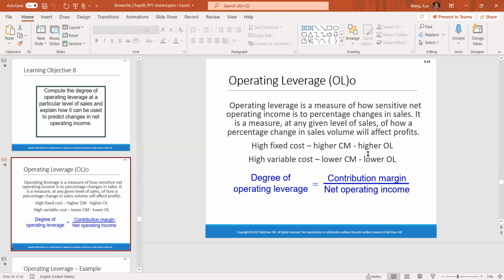Then their operating leverage will be relatively lower than the other type of companies. But in this structure there is really no absolute good or bad. Both types of operating leverage have advantages and disadvantages. We will talk about it more after we go over the example.